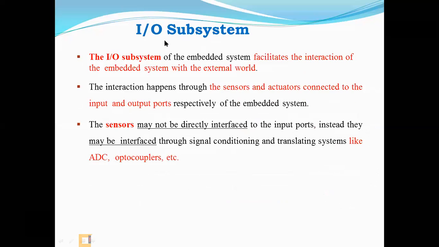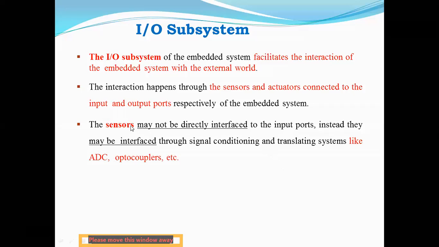So next we will go to the next slide, the IO subsystem. So what is this IO subsystem? The IO subsystem is nothing but the sensors and actuators required for the embedded system to work, right? So what are the different types of actuators or sensors we have for the embedded system to be connected either at the input side or at the output side, right?